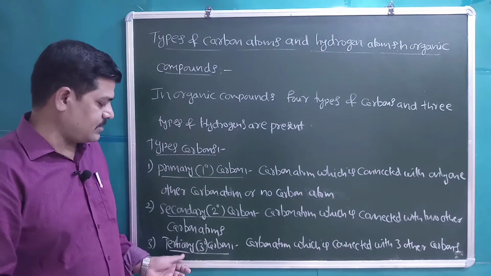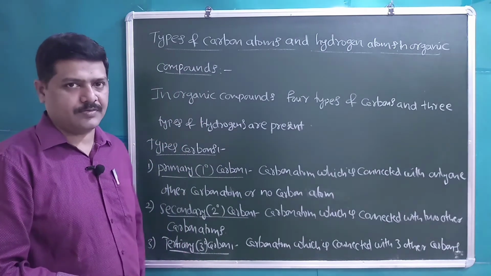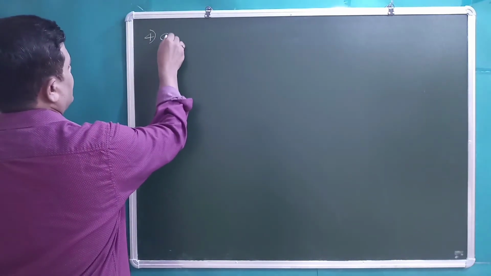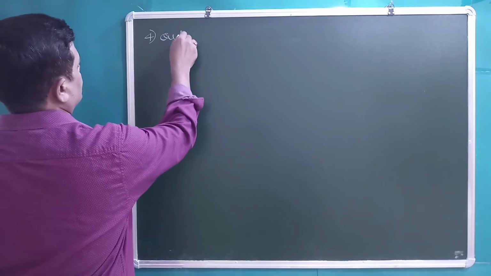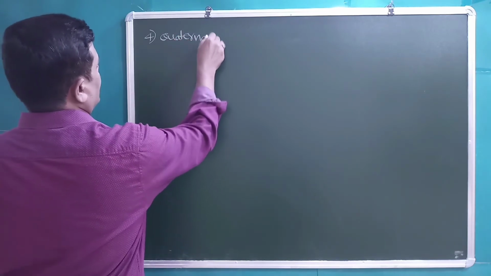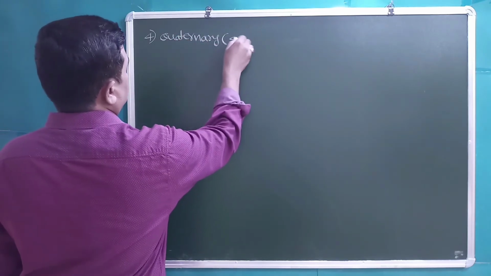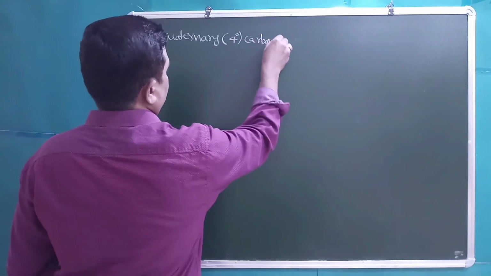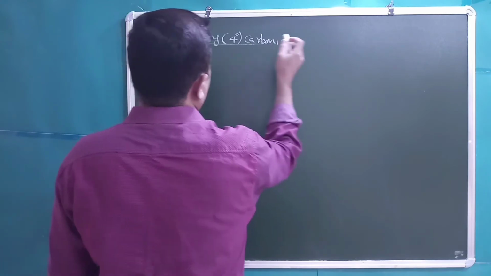Students, let us discuss the 4th type of carbon atom now. The 4th type of carbon is quaternary carbon, which is indicated with the 4 degree carbon.